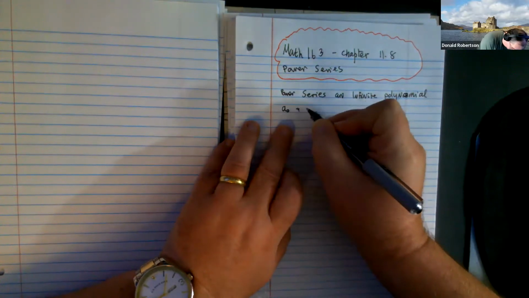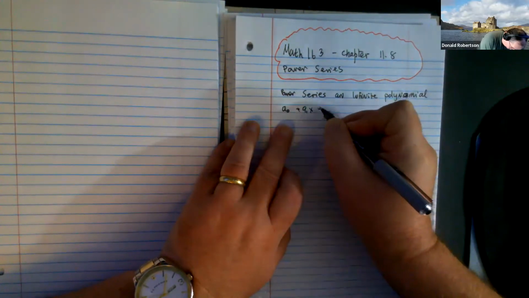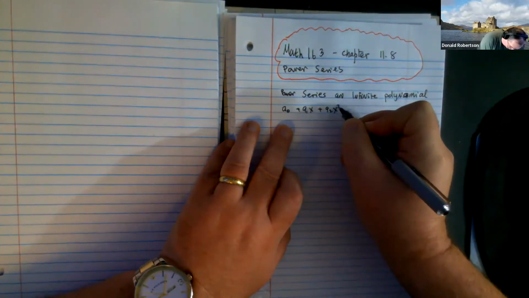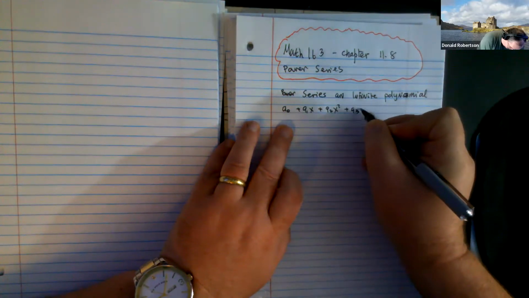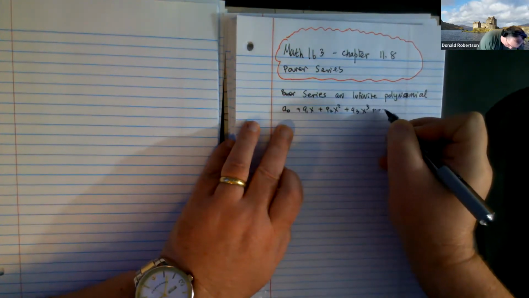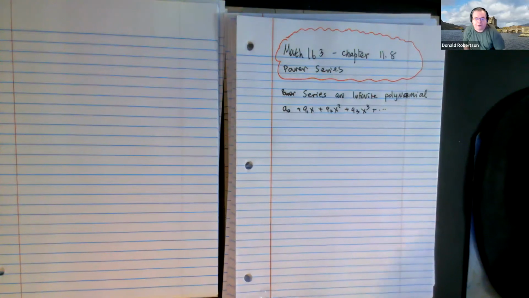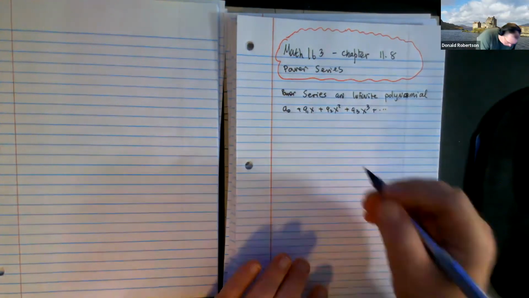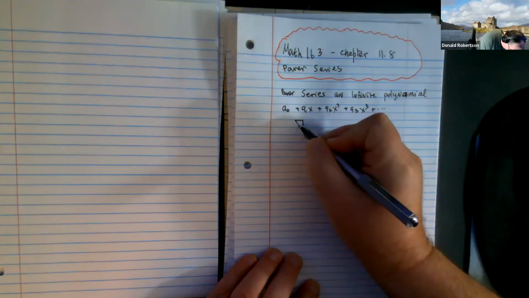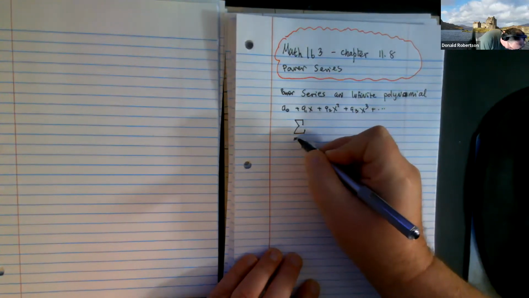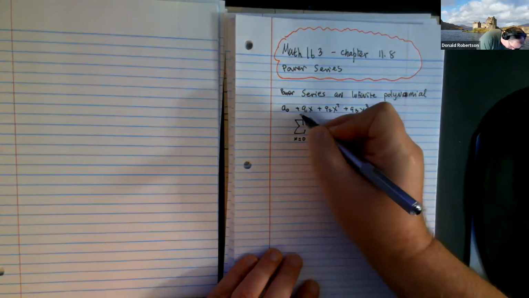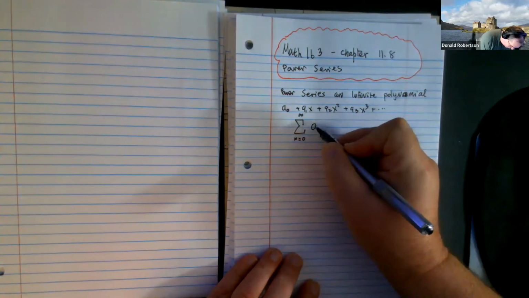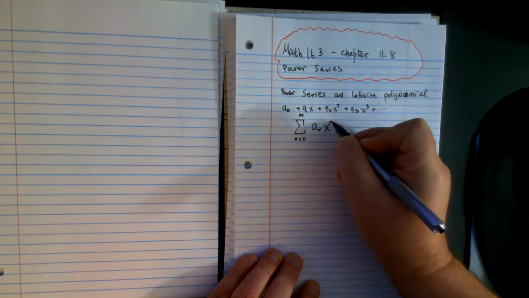a0 plus a1x plus a2x squared, that guy, and a3x cubed forever. That's a power series. Well, what do they look like? We tend to write power series like that.